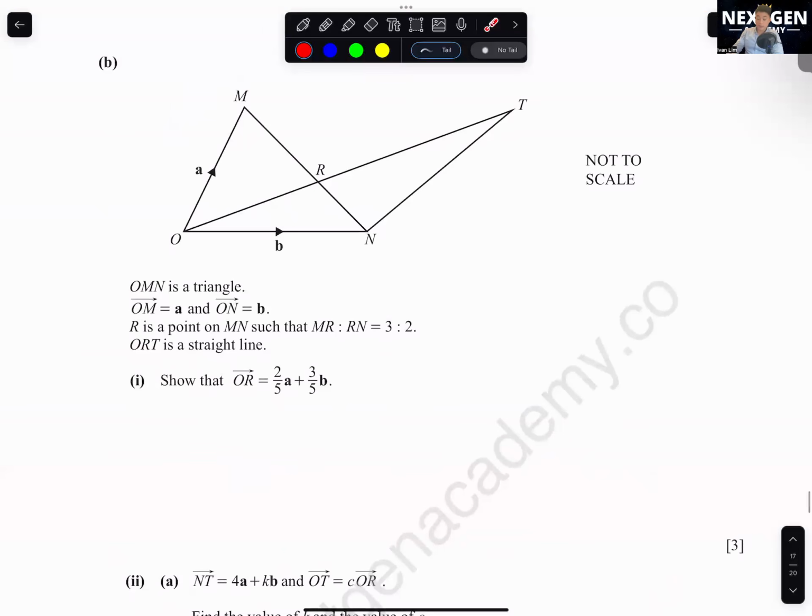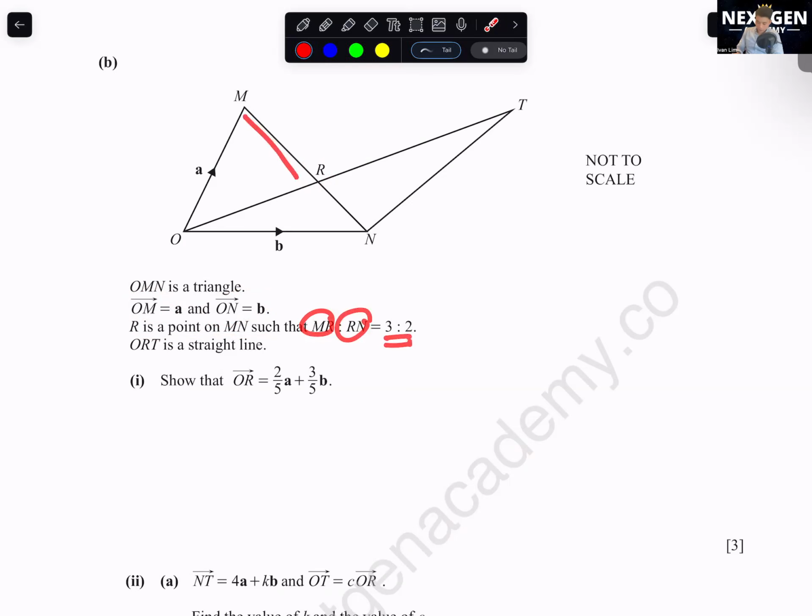this part here is the second type of question in vectors, which is vector geometry. So they will give you some sort of shape. You need to try to make sense of the shape with the information given. Okay, let's read this one. They say OMN is a triangle. OM is equals to A, ON is equals to B. R is a point on MN such that MR to RN is 3 to 2.